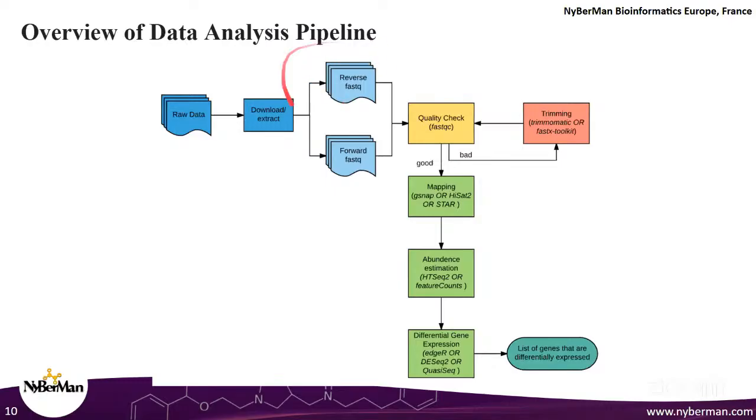Now, once you have obtained these two FASTQ files per sample, you will perform a quality control check. We will again understand how and what it basically is. But it is very important for you to make sure that the data generated by these sequencing machines is high quality data.